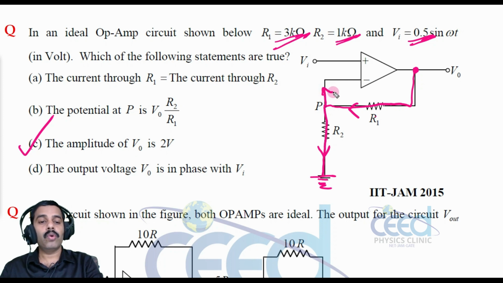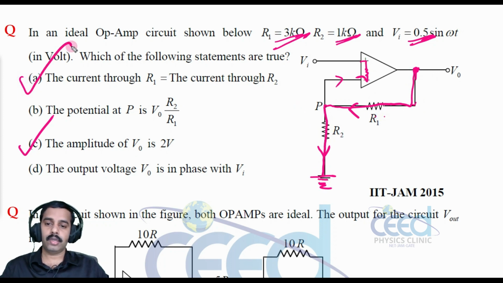Because we already know for an operational amplifier the input impedance is very high. For an ideal operational amplifier, this input impedance is very high, so the current across the input region is negligibly small. That means we can take it as 0. Whatever current enters from this region will take this path. So current through R1 is equal to current through R2. That is also correct, right?